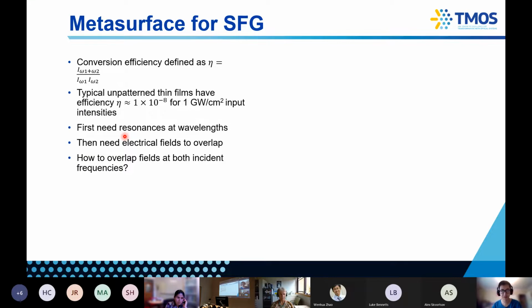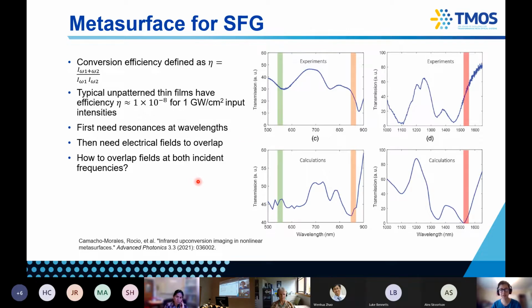That's where the polarization density arises. So the question is how to overlap fields at both incident frequencies as well as, of course, having resonant behavior. The reason why resonant behavior is so important is because the light is concentrated at those particular modes. This will lead to higher intensities inside the material that we're interested in.